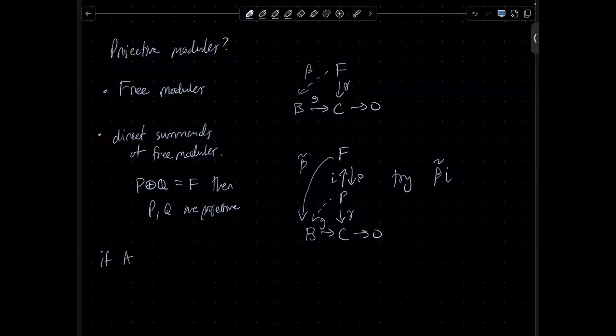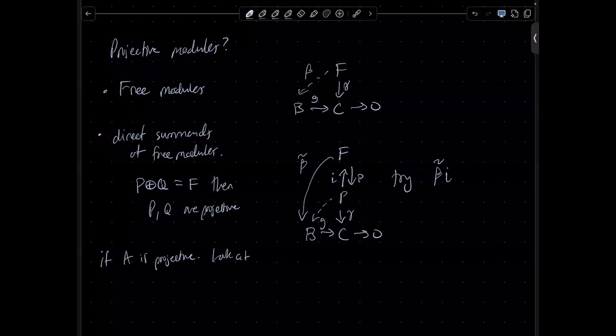Other way is if A is projective, look at the free module generated by the elements in A, or generated by the set. So Mark talked about these free and forgetful functors, probably. This is that. Look at F of A. This is the usual notation. So look at F of A, and so you're given the surjection to A. And then there's the identity map from A to A. Pull this back, or lift it.